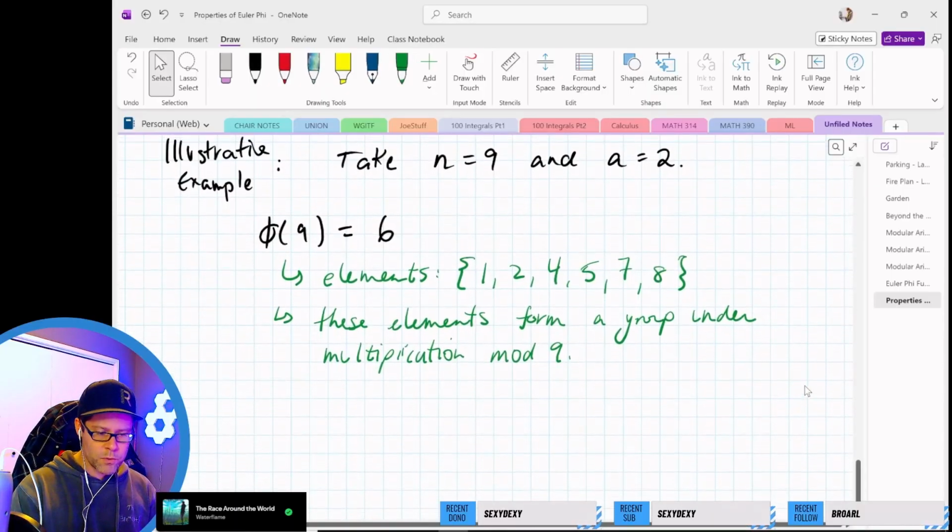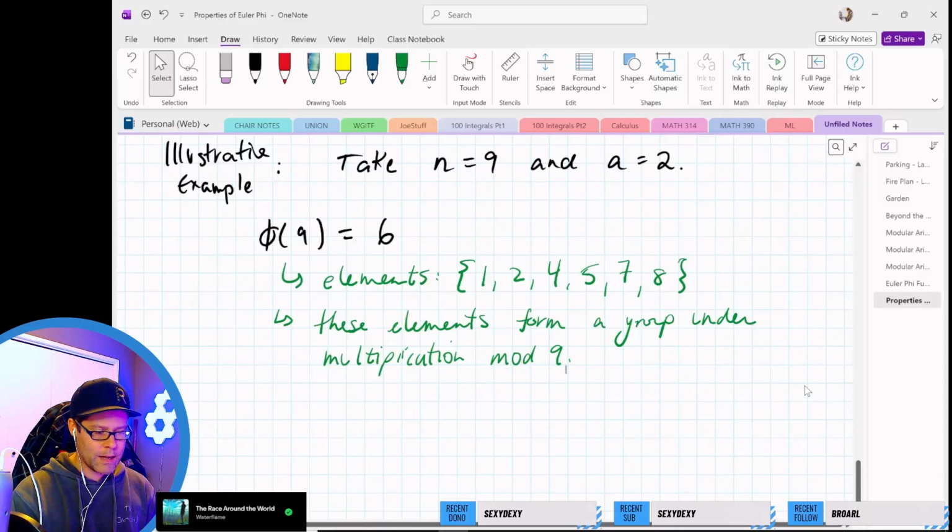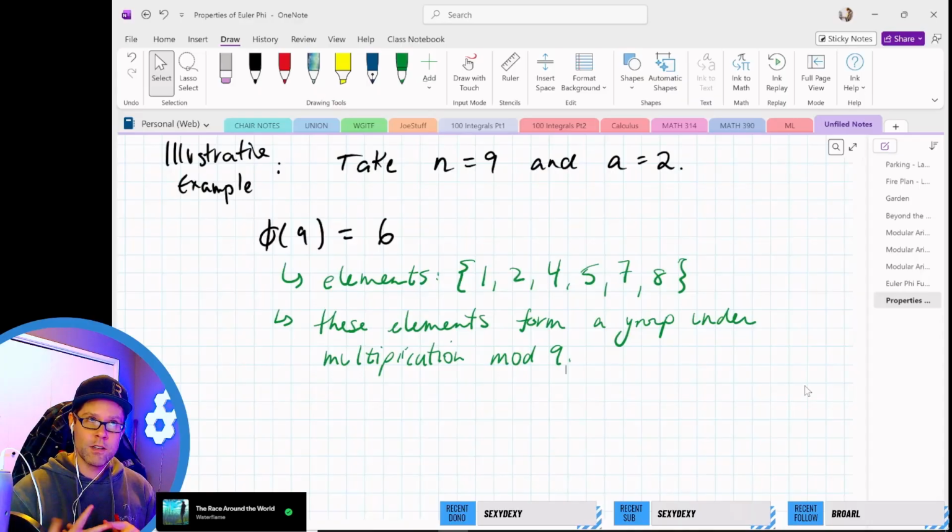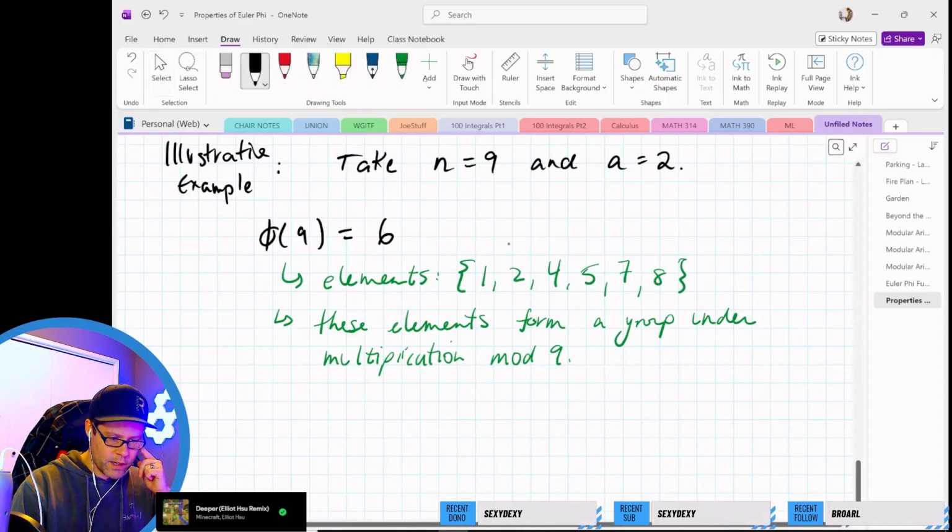So in other words, what does that mean? That means that we have closure under multiplication and under taking inverses. So it's closed under multiplication of elements: if I multiply any two of these elements, it's going to stay inside of this set. 1 is going to be our identity element under multiplication, so 1 times any one of these things would be itself.